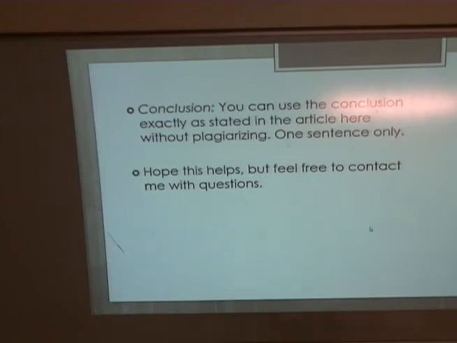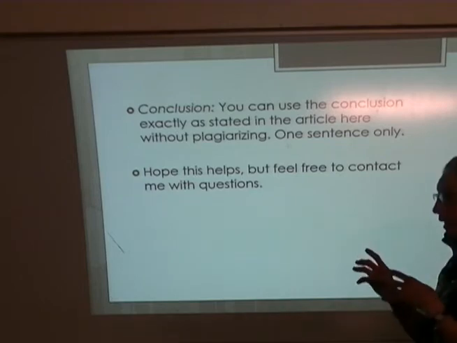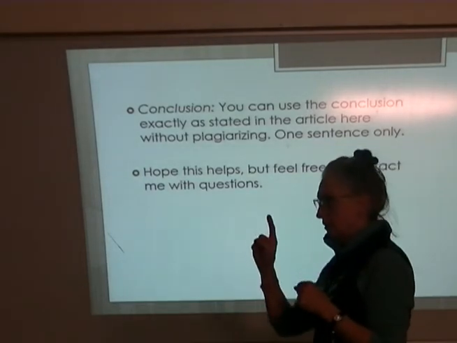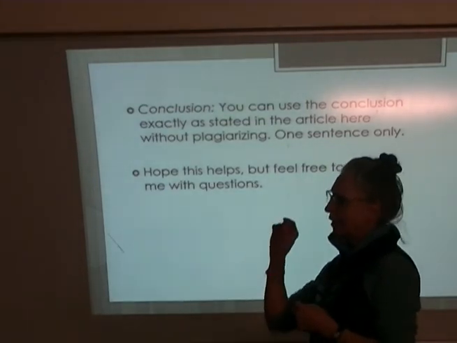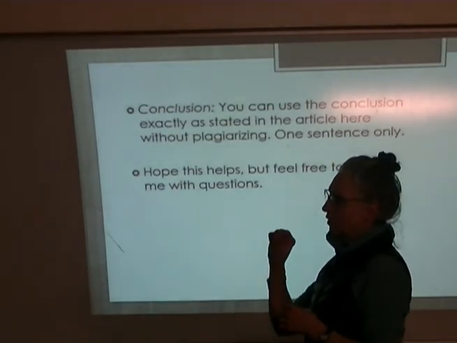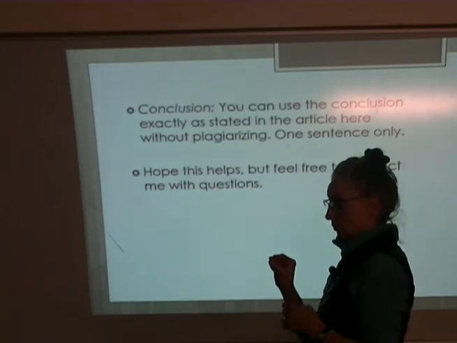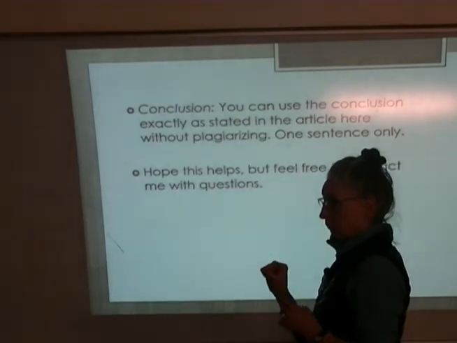Okay, so the conclusion is the other piece you can copy and paste. I want you to find the one sentence for the purpose and one sentence for the conclusion that states what the authors think they found. All right?